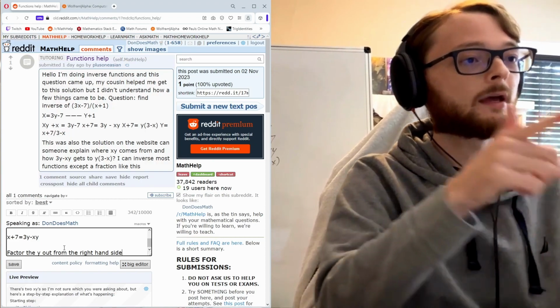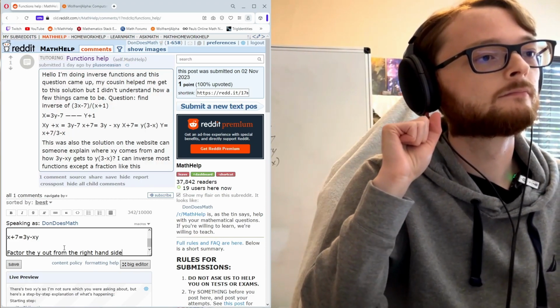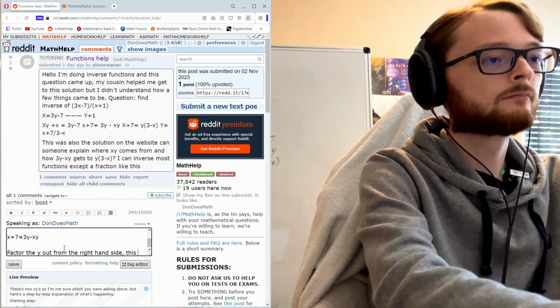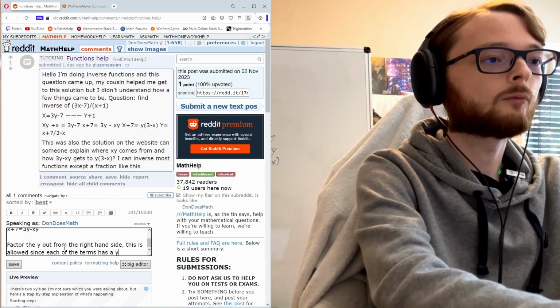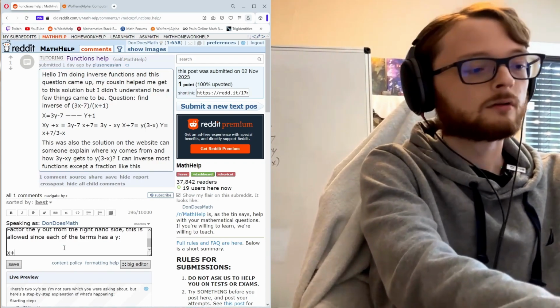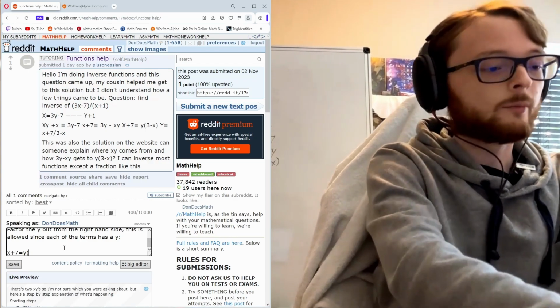This is one of the things that they asked about, though, the factoring step. Allowed since each of the terms has a y. That's enough explanation. Y times 3 minus x.